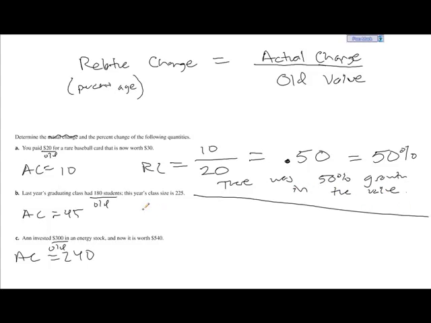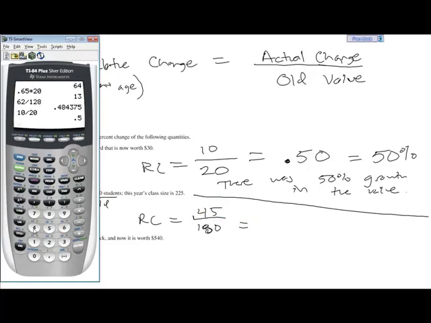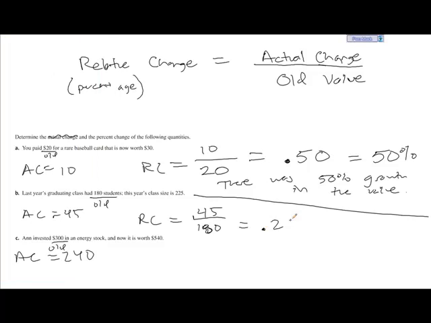Similarly, here we can say that our relative change is equal to the actual change, which is that it grew by 45. Compare that to how many there were. If you grow by this much compared to this amount here, well, what's that going to be? 45 divided by 180 comes out to 0.25. That's 25 100ths, which means 25%.